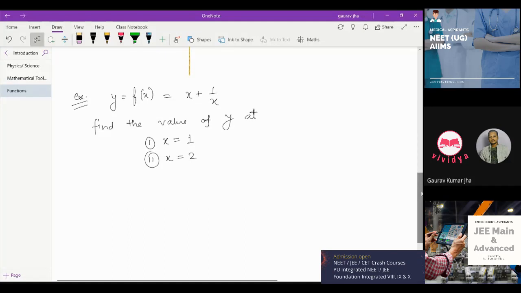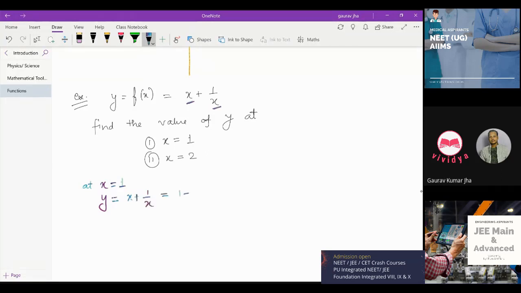First example, I'll do it in front of you, otherwise some people will get confused. If you understand, go through your logical sequence. For the rest of you, I'll do it. Now see, at x equal to 1, y will be equal to, you have to put here the value of x as 1. The function is x plus 1 by x, so you just substitute that value.